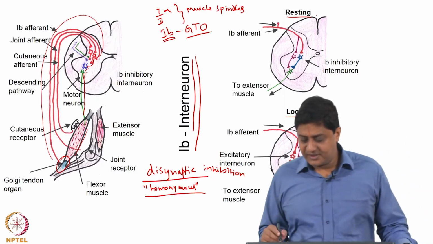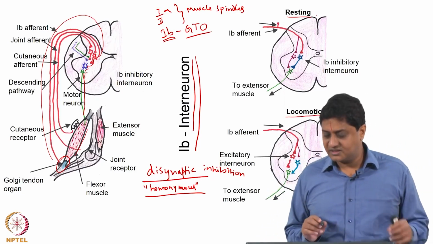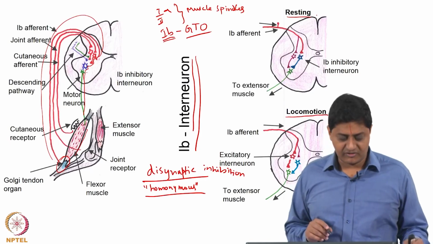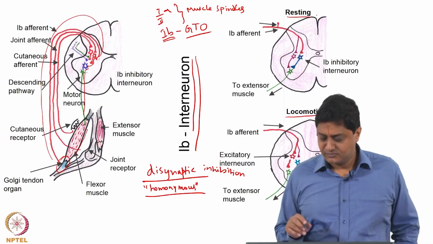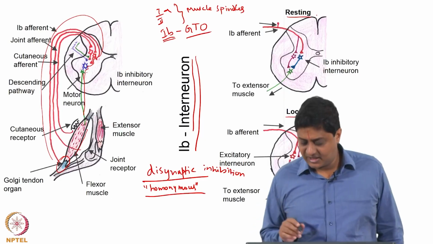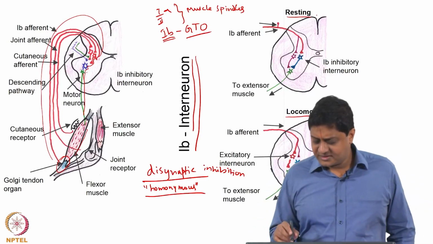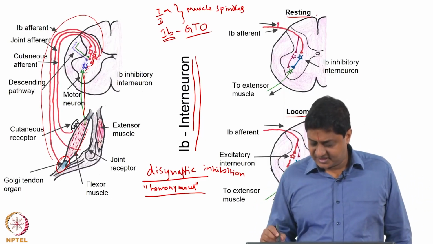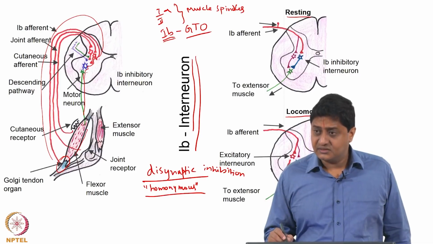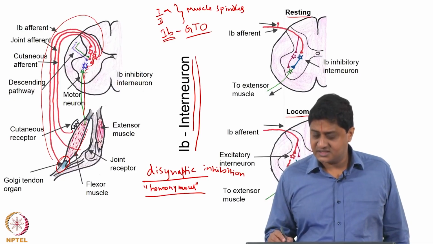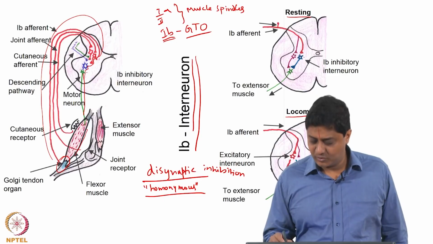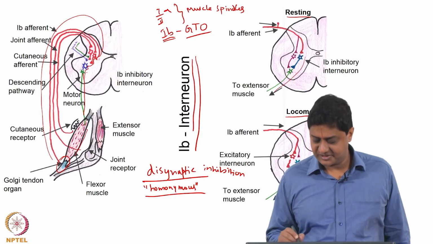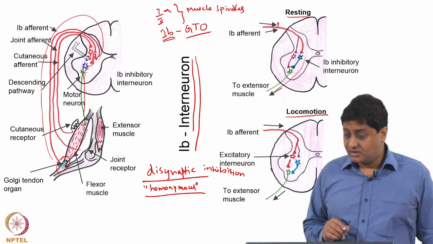Between rest and locomotion of a healthy mammal, say a cat walking, at rest the 1B afferent causes inhibition of the homonymous muscle, as one would expect, right.